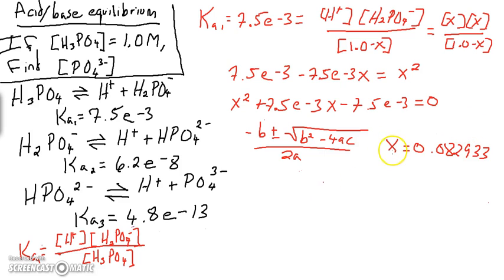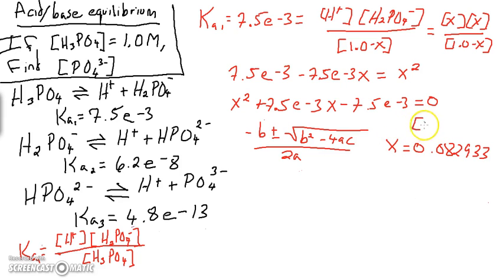By the way, on the plus minus for the quadratic formula, you have to use the plus. If you use a minus, you're going to get a negative answer over here, and you cannot have a negative answer. The change has to be a positive change. So you have to use the plus form for this one, and that gets you that answer. So now that we know that, we could go ahead and say that this is equal to x.